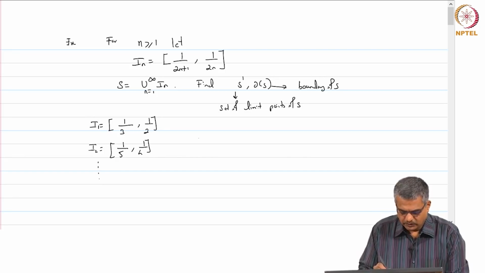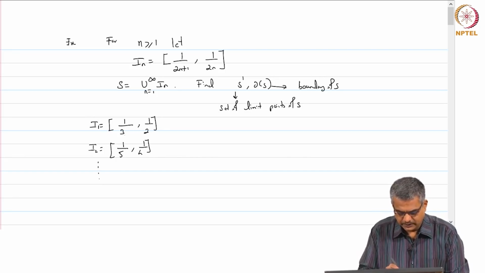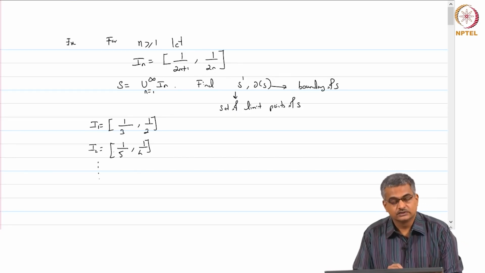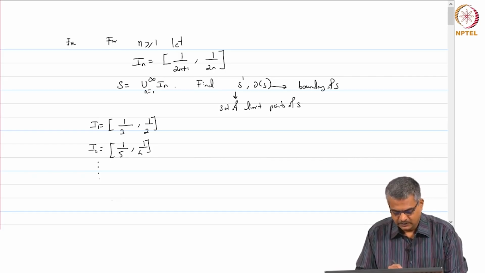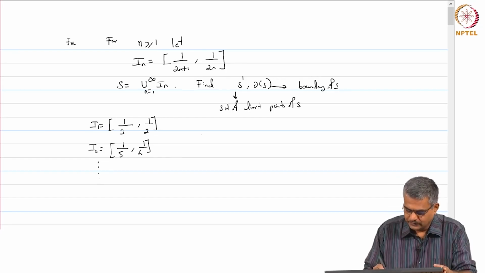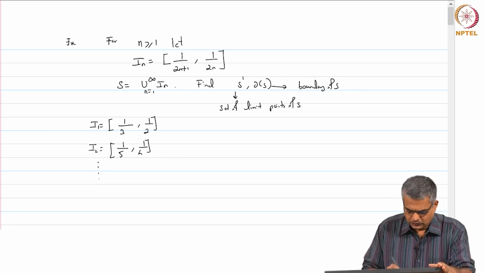As n increases, the number on the left is decreasing, and so is the right-hand side.